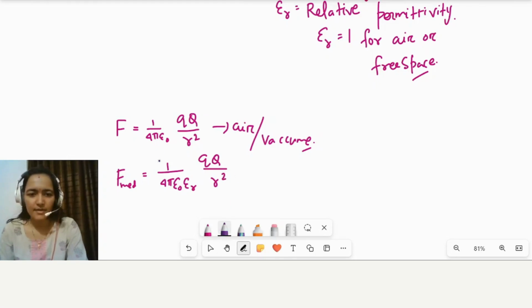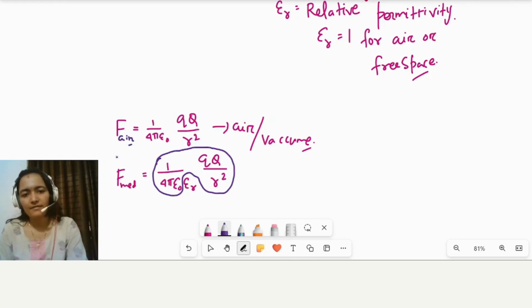Now can you tell me this much represents F air? Let's take F air, so can we write F air divided by epsilon r is F medium.